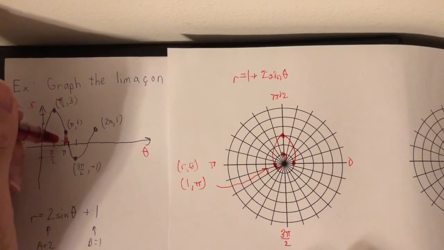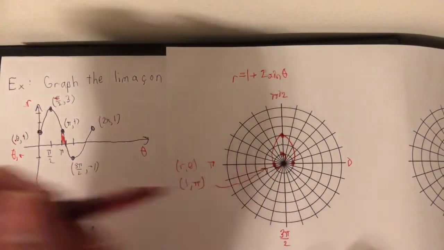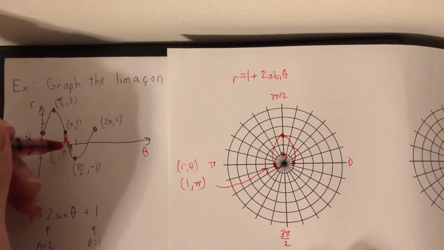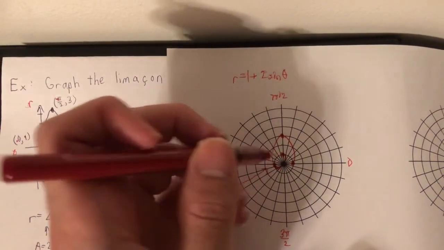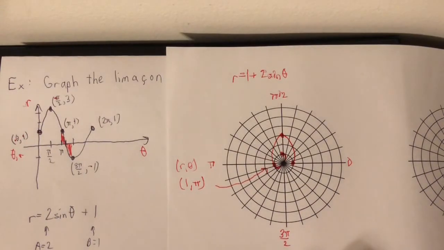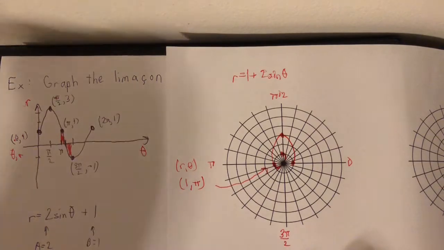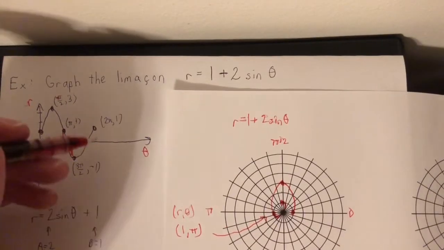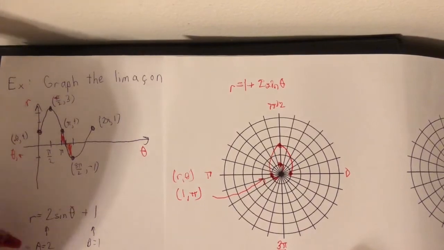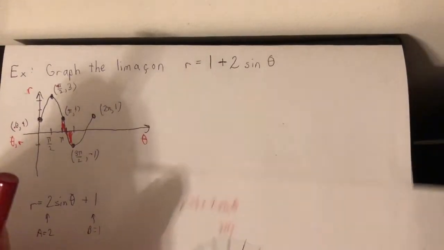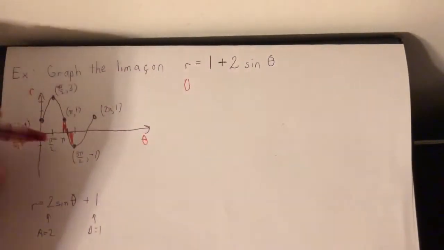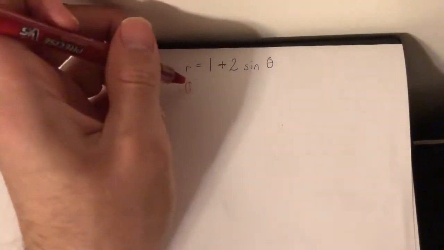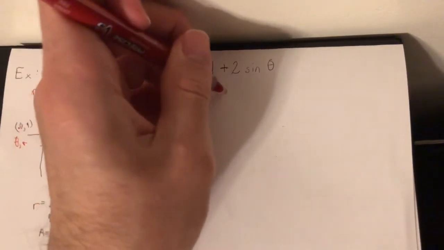Then my angle goes negative. And once my angle goes negative, then I'm going to be in the first quadrant. Okay? So when exactly does that happen? Well, if I look at r equals 1 plus 2 sine of theta, and I set r equal to 0, right, because that's going to tell me where my intercept is.